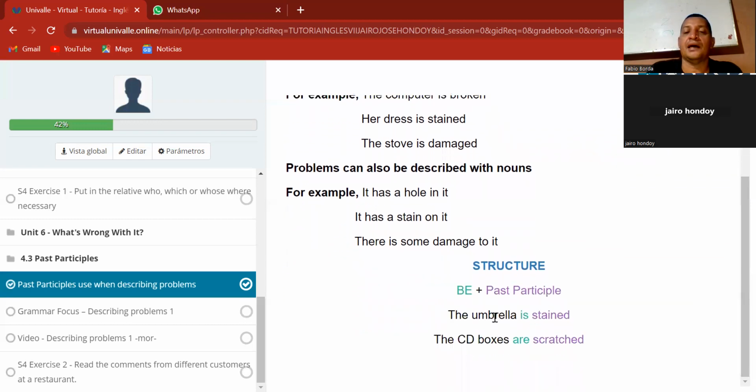Here we have a structure: be plus past participle. The umbrella is stained. The CD boxes are scratched.